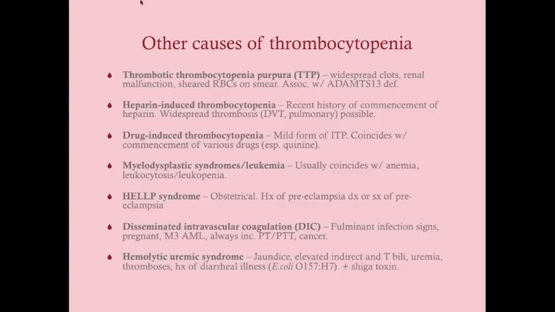And what this is from is the fact that you have all of these clots, and the red blood cells that aren't clotted try to get through these clots, and the clots just wind up shearing off part of the red blood cell. So make sure that whenever you have a patient with these widespread clots or something abnormal like that, that you get a smear.